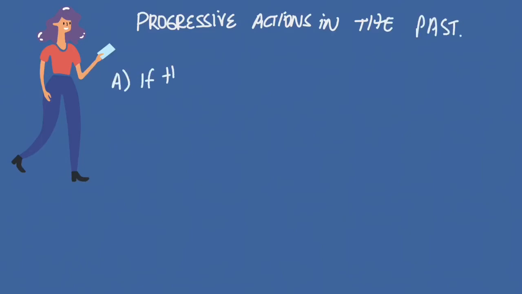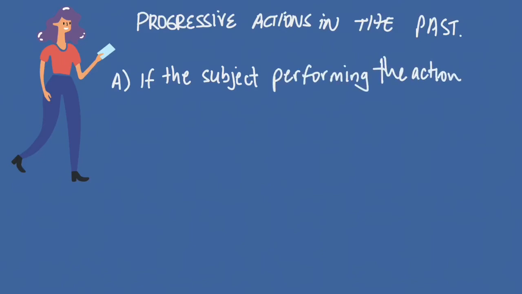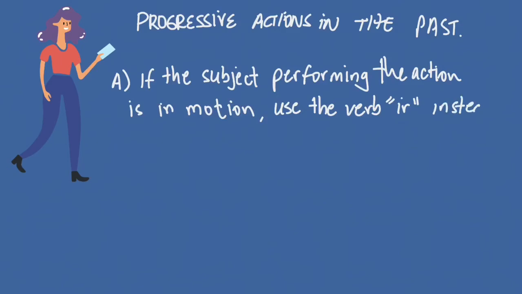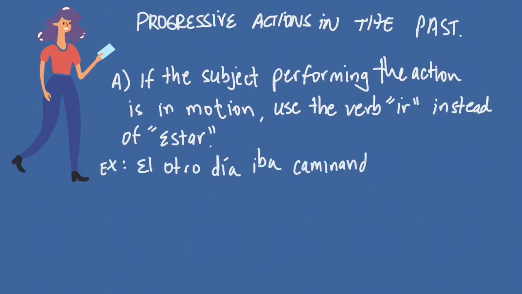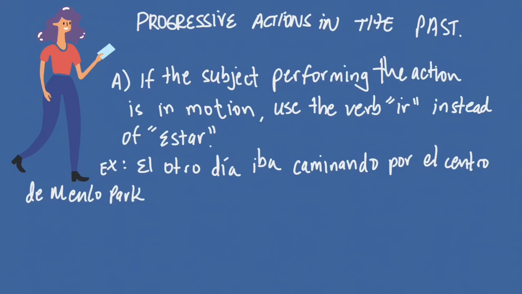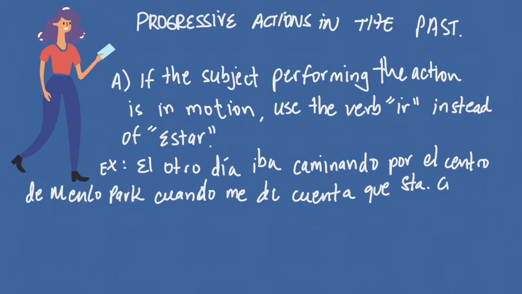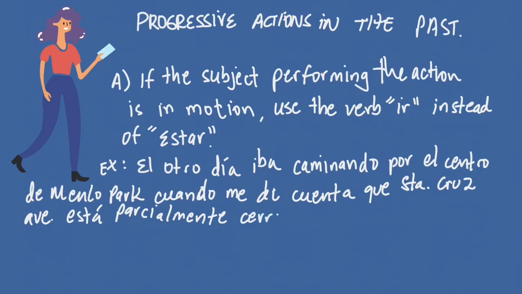So first, if the subject performing the action is in motion, we use the verb ir instead of the verb estar. So for example, el otro día iba caminando por el centro de Menlo Park cuando me di cuenta que Santa Cruz Avenue está parcialmente cerrada.